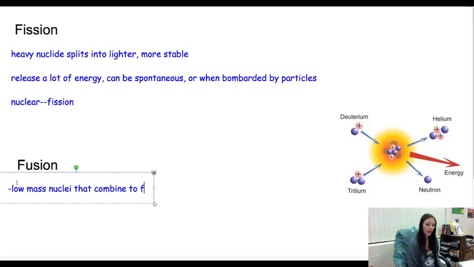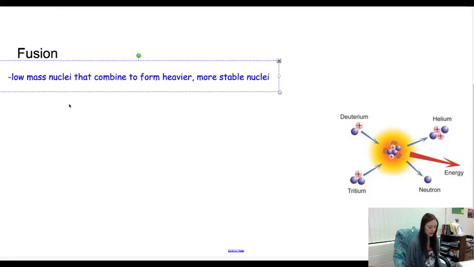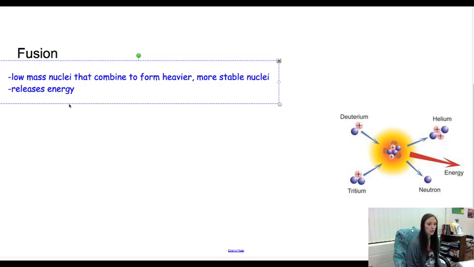and they combine to form heavier, more stable nuclei. Fusion also releases energy, but it releases more than fission. And fusion is what powers the sun and stars.